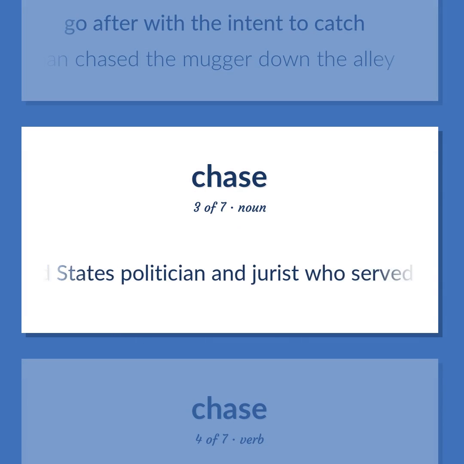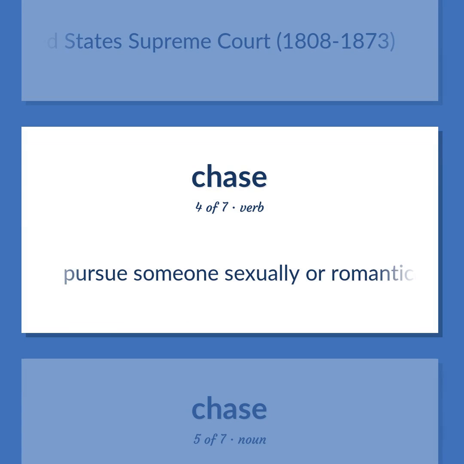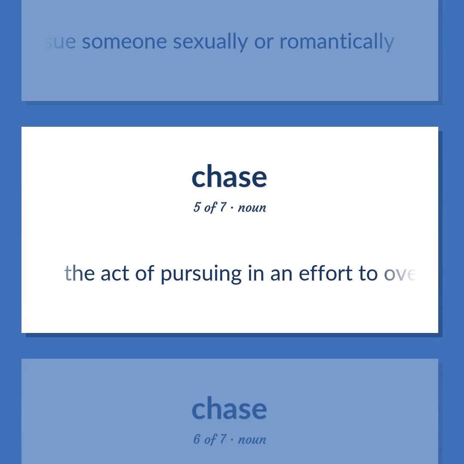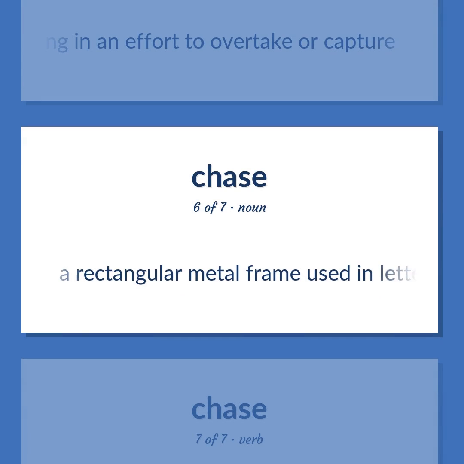United States politician and jurist who served as Chief Justice of the United States Supreme Court, 1808 to 1873. Pursue someone sexually or romantically. The act of pursuing in an effort to overtake or capture. A rectangular metal frame used in letterpress printing to hold together the pages or columns of composed type that are printed at one time.